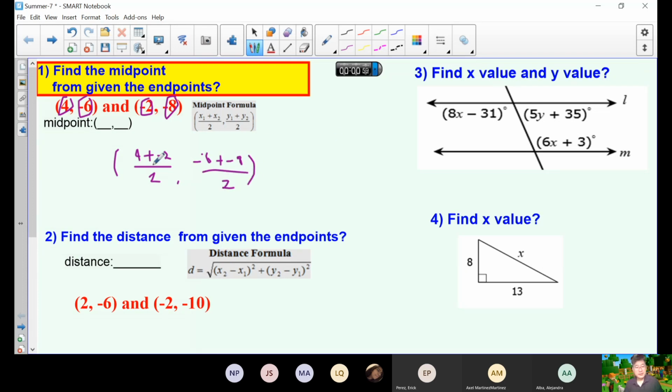So when you do this, this is a 2, right? 2 over 2. This is a negative 14 over 2. So that means 1 and negative 7. Number one, how to find the midpoint, right?